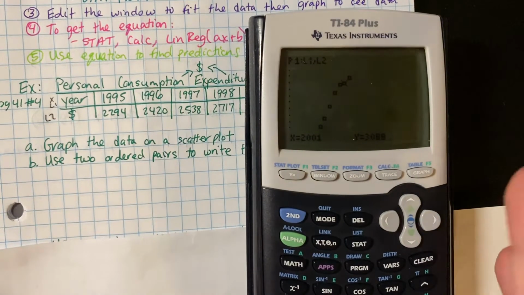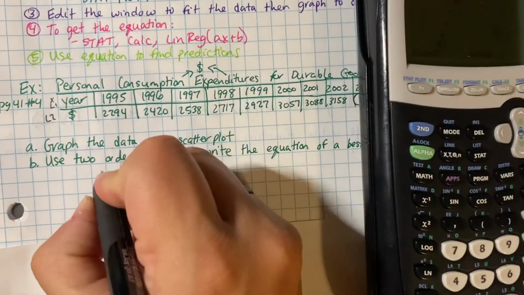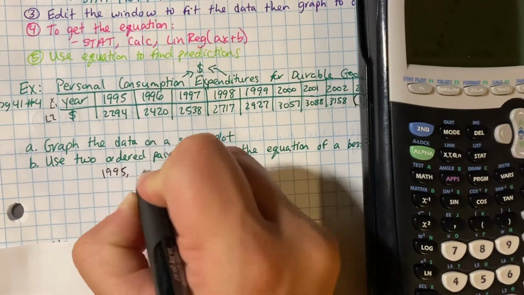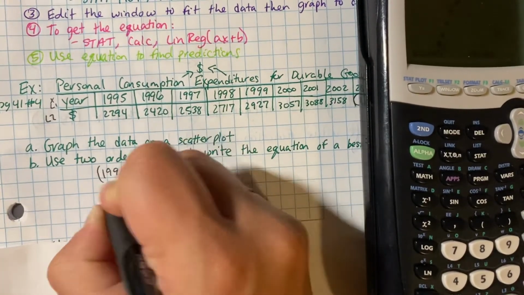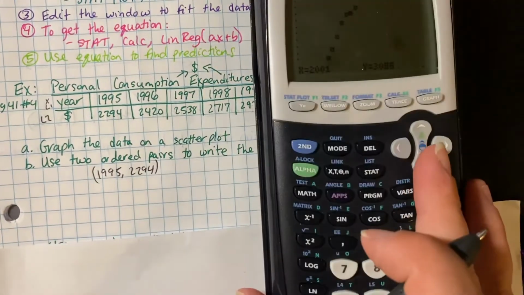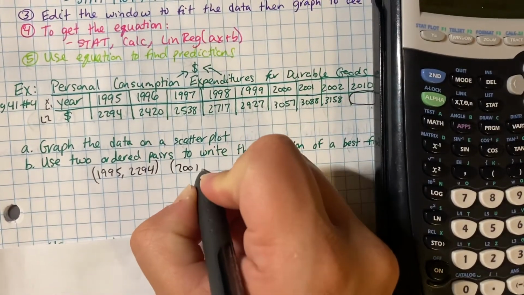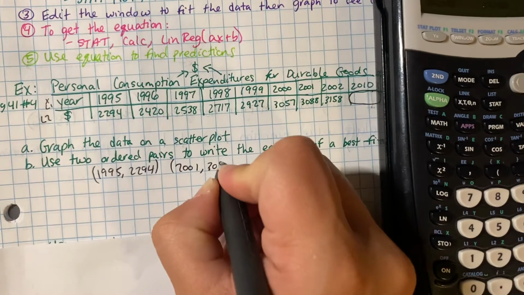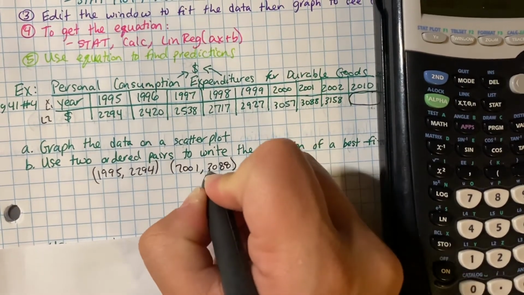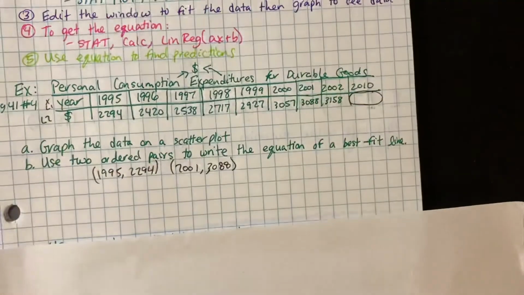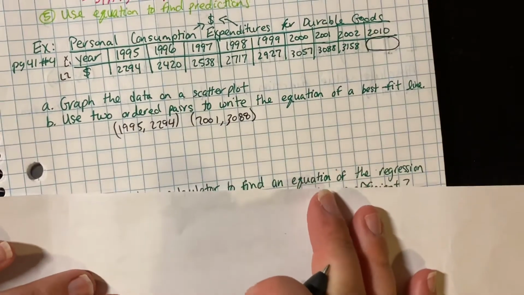I liked this one, so I'm going to use 1995 and 2294. And the one I picked was 2001 and 3088. Okay. All right, so this is what I was talking about, being able to do it on your own.